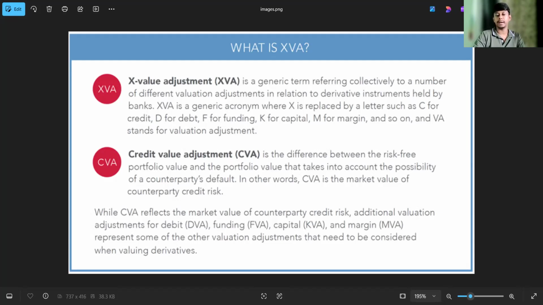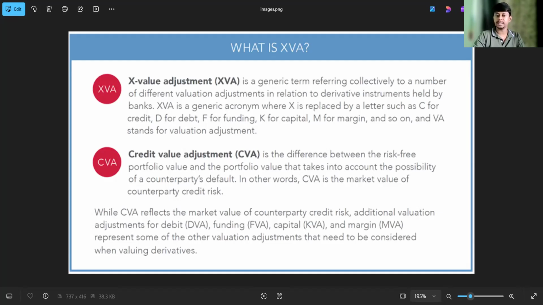Think of it like buying a car. The sticker price is the base number, but once you add insurance, financing cost, and maintenance risk, the real cost of owning that car is higher and more complicated than the sticker suggests.